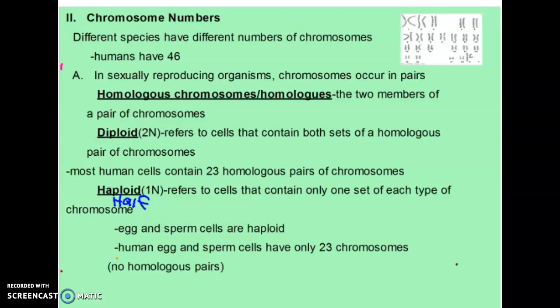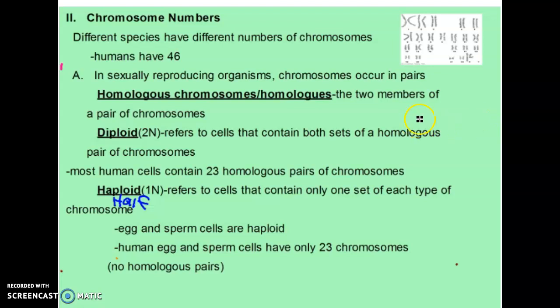And obviously different species have different numbers of chromosomes. For humans, the number is 46. So you as a human are supposed to have 46 chromosomes. And we said two of each kind, two of chromosome number one, two of chromosome number two, all the way up to chromosome number 22, and then you have two sex chromosomes.